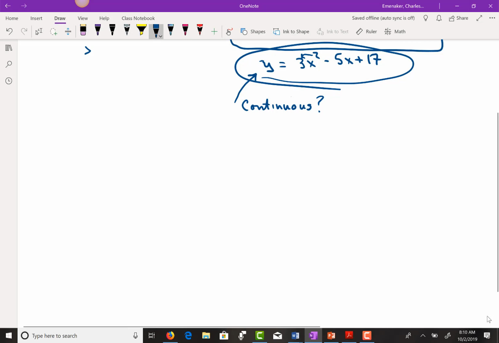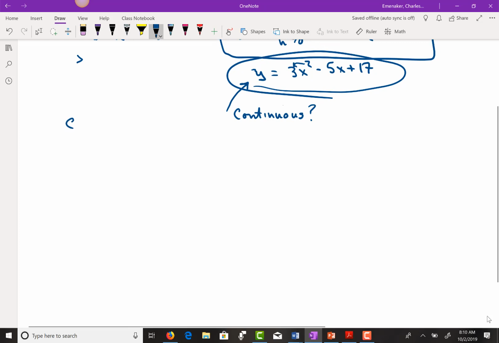What continuity really means, and we're going to get a little bit more particular, is continuity at a point, at one location, because it's entirely possible for a graph to have a break in it.